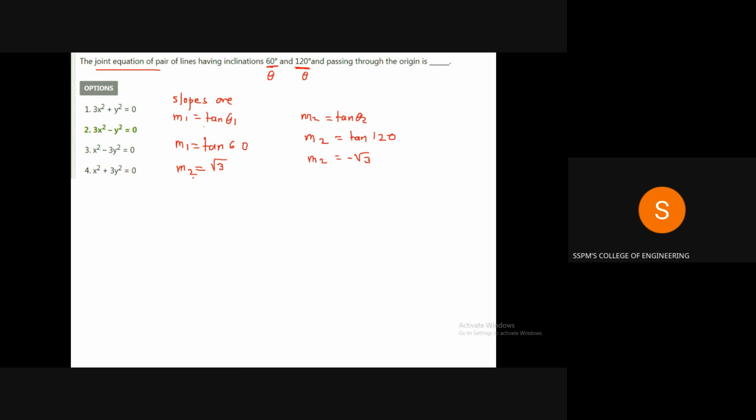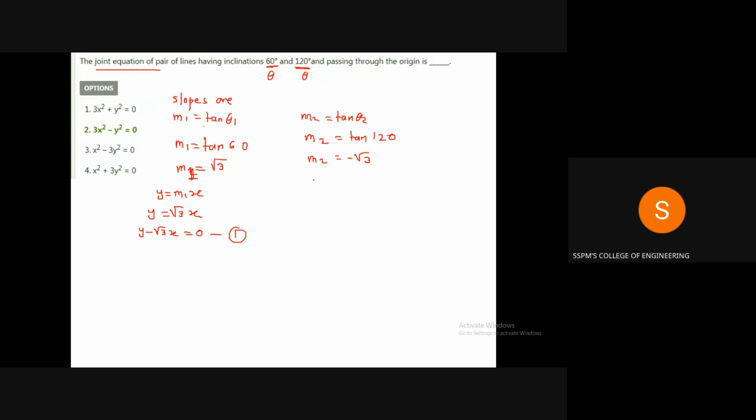By now we have found slopes, m1 and m2. So again now we will write this in equation form, that is y is equal to m1x. So y is equal to, what is m1? It is root 3. So y is equal to root 3x, that is y minus root 3x is equal to 0.